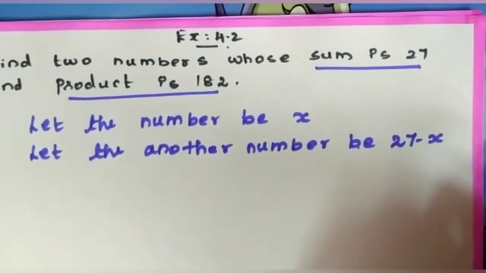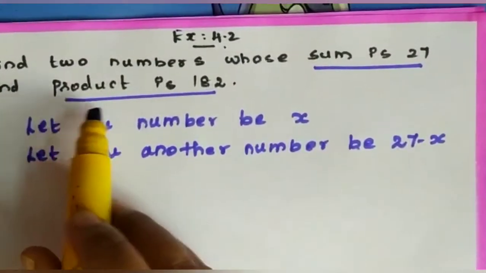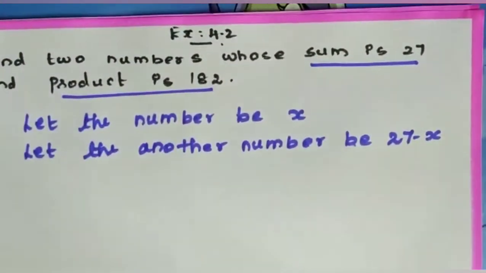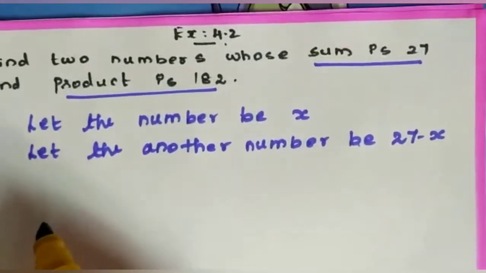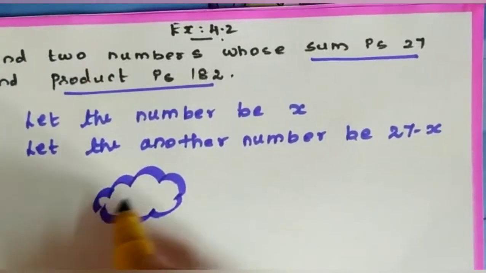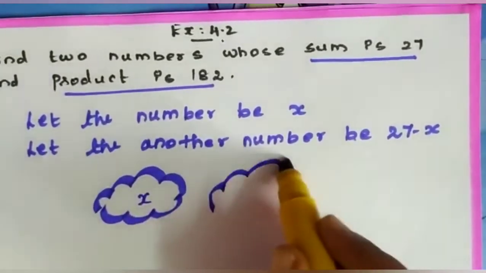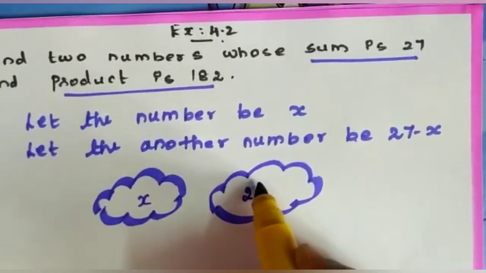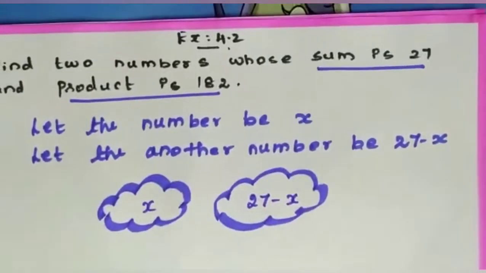Okay. So the second statement is the product is 182. The one number is x and another number is 27 minus x.